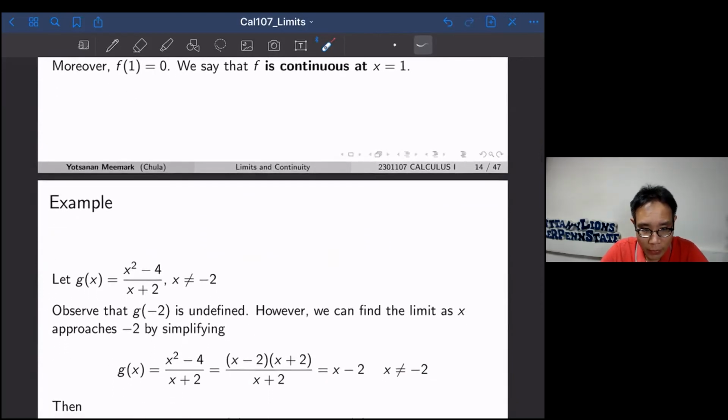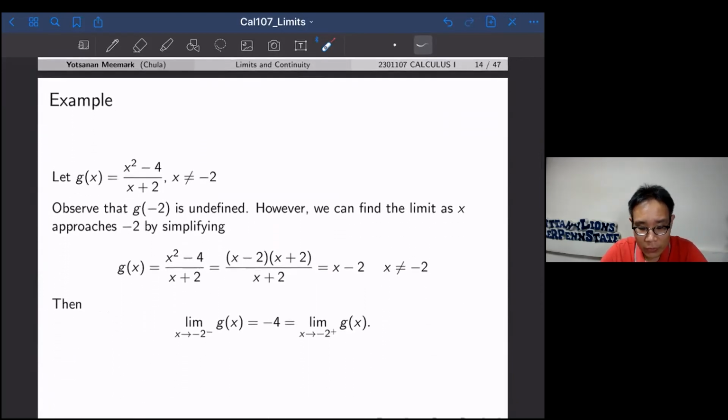In the next example, you have g(x) equal to (x squared minus 4) over (x plus 2) when x is not equal to negative 2. Observe that g(-2) is undefined.